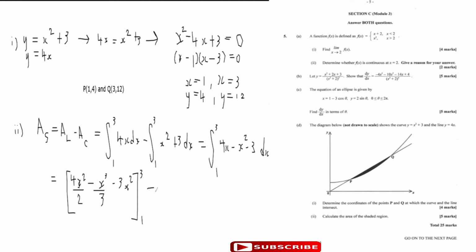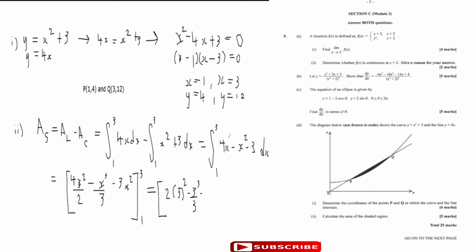All right, so go ahead, substitute x equals 3 in the equation and see what we get. So we're going to plug in x being 3, 4 over 2 is 2, and so we get 2 times 3 squared minus 3 cubed over 3 minus, why does this have a square right here?